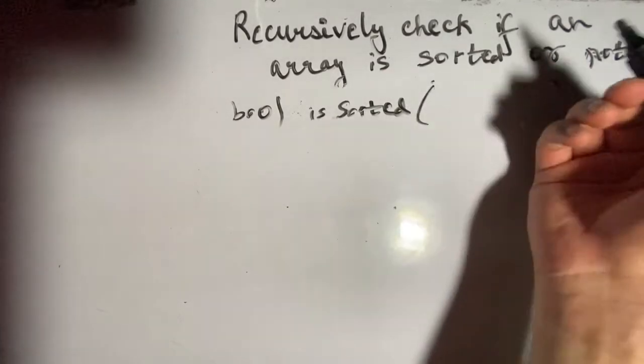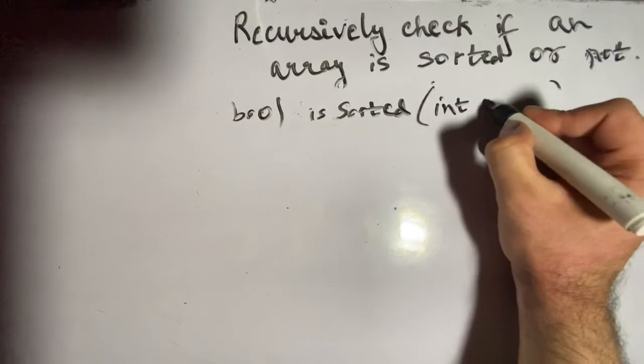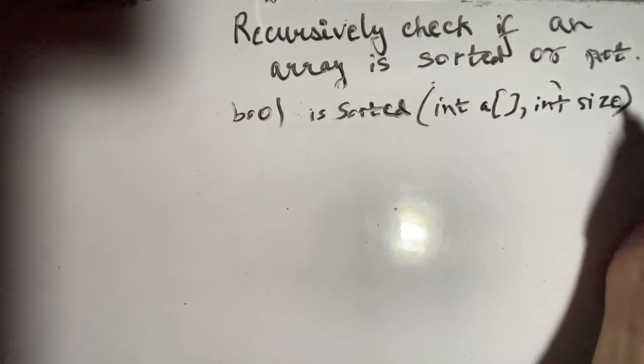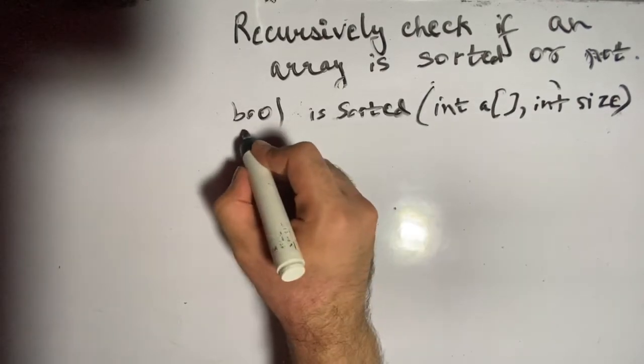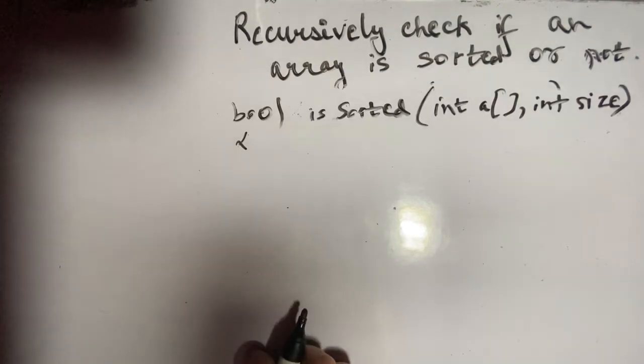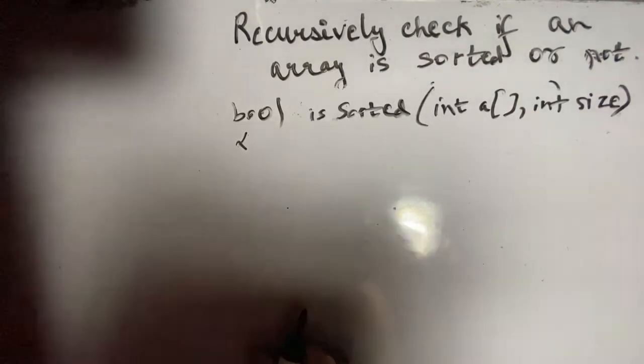And we'll pass what? Of course, an integer array along with its size, right? Now for recursion, the first step is to identify the base case, and that is the most important step for recursion, right? There are three steps essentially.